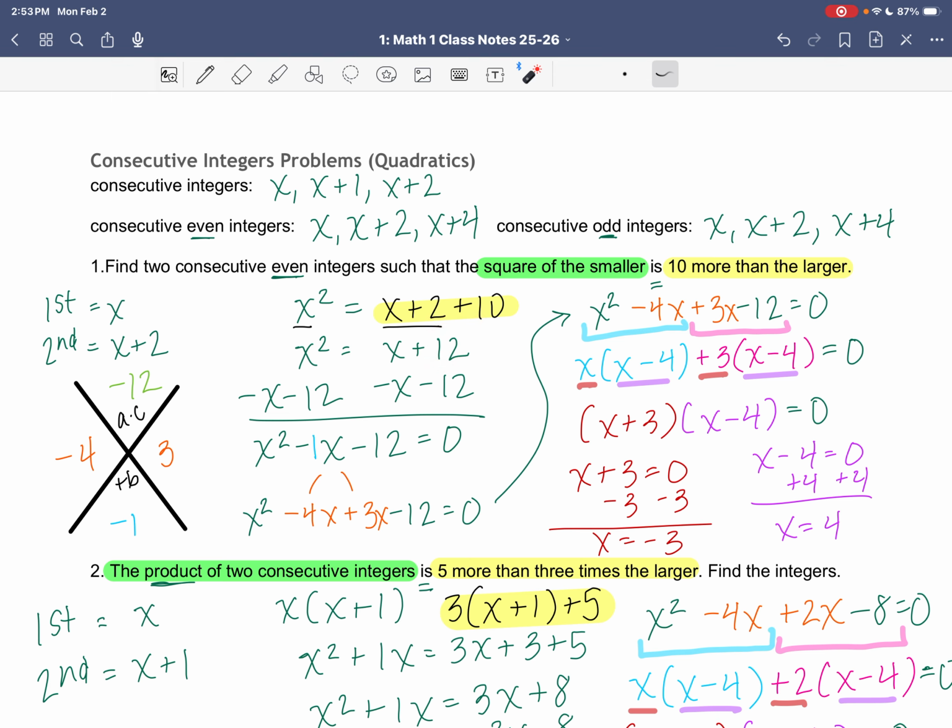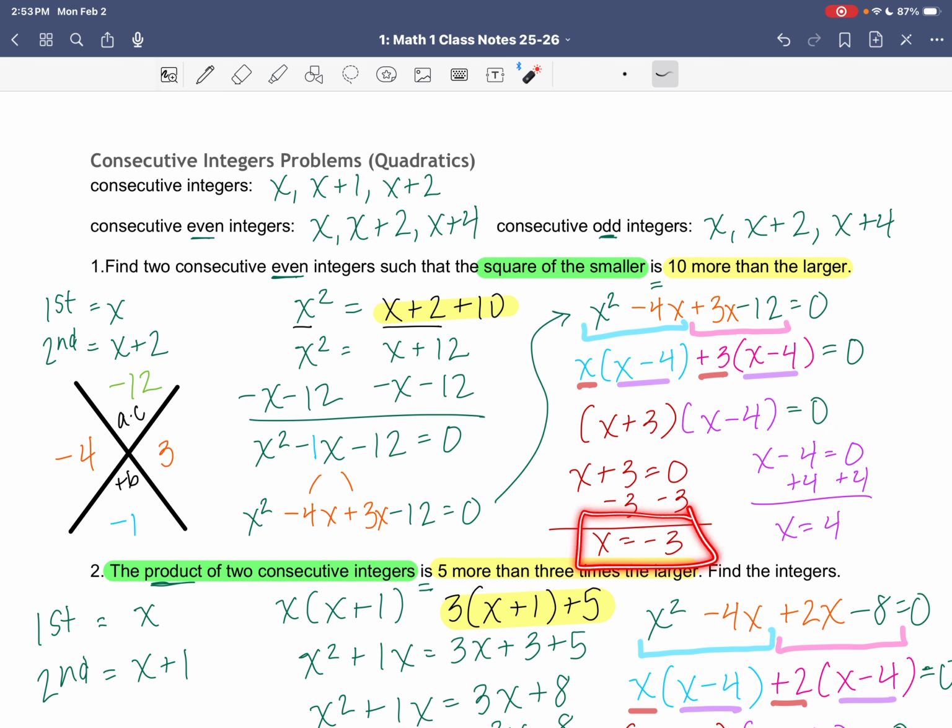Now since the x squared is positive over here, I'm going to move everything over to this side. All right, go ahead and factor. So you should get this. And then once you group it, you should get x plus 3, x minus 4 equals 0.